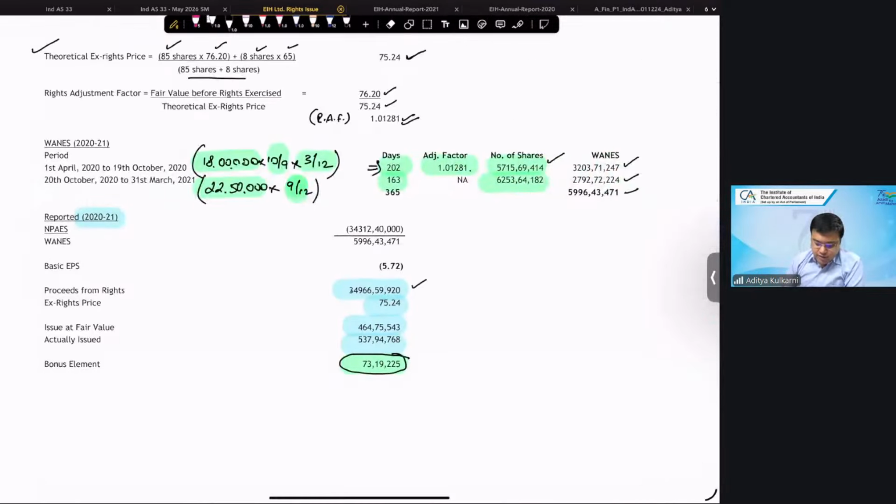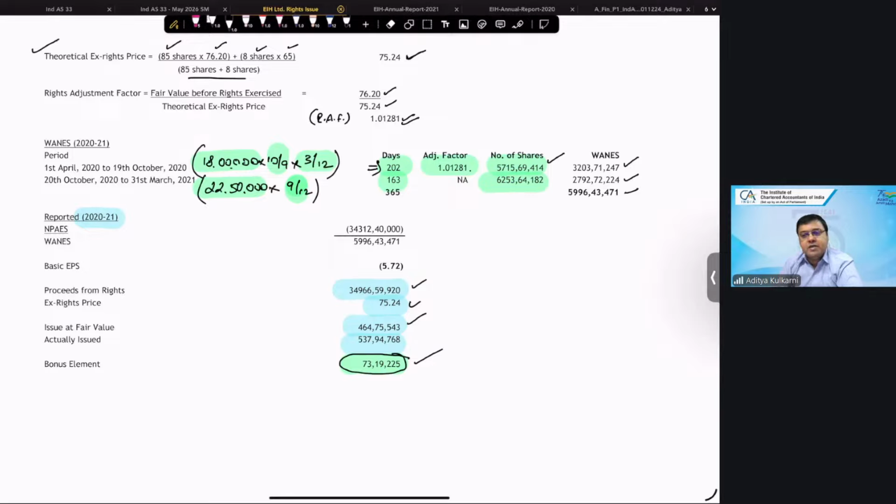So 350 crores at an ex-rights price of 75.24, you have issued at fair value actually 464.75. But how many shares are actually issued? 537.95. So therefore, the bonus component is 73,19,225. I think this is what you were asking, Lavanya.